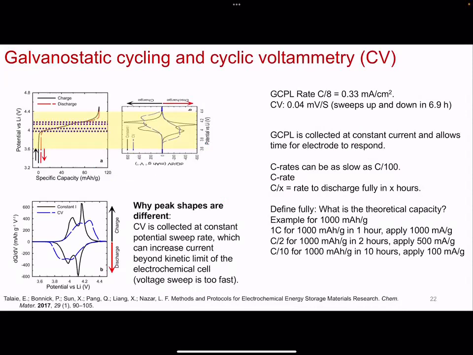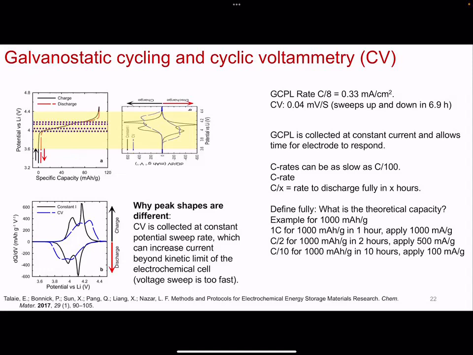Now, the other way one could also represent the data is to show the first derivative of the galvanostatic cycling. So if you see for this particular example here, lithiation of this one compound, you see the potential as a function of capacity. So that's a common plot.